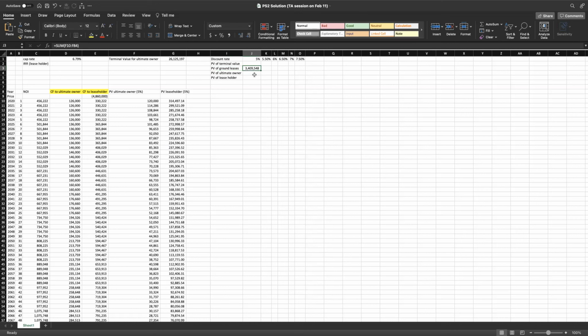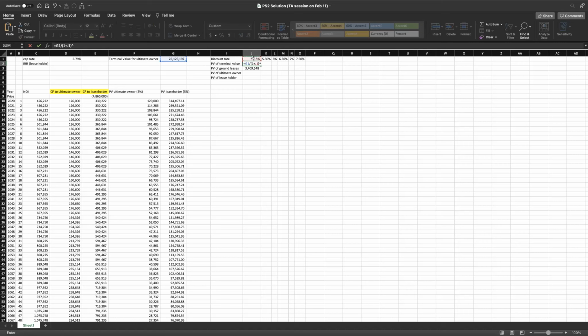So the present value of the ground leases will be around 3.4 million something. And for the ultimate owner, because he or she collects the terminal value, which covers all the cash flow starting from year 76, I don't sum anything from this table after year 76, because everything will be counted into the terminal value. The present value of the terminal value is the terminal value discounted by the discount rate I listed here.